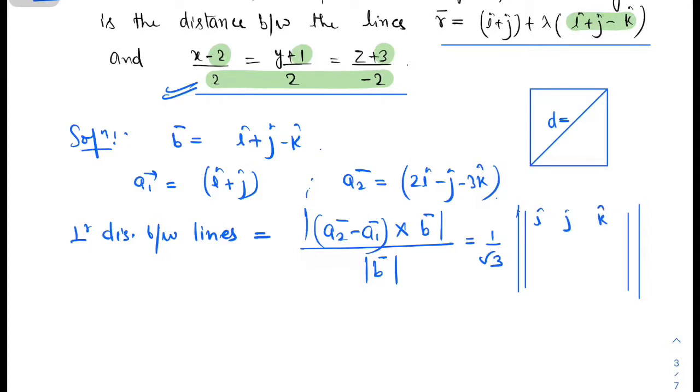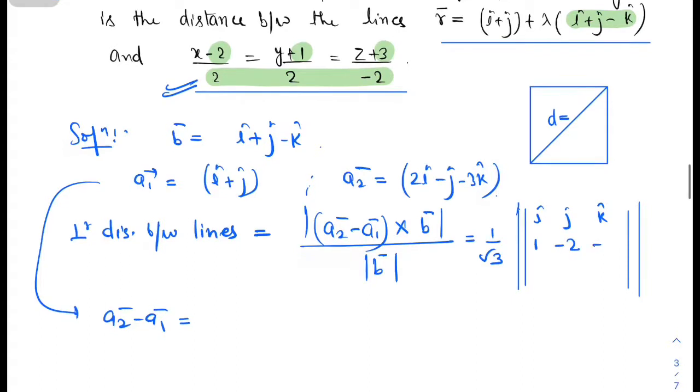Okay, so what will be a2 minus a1 vector? A2 minus a1 vector will be 2i minus i, that is i. So I am writing the components. Then minus j will be minus 2j and minus 3k. So this is a2 minus a1. Component of b vector is 1, 1, minus 1.